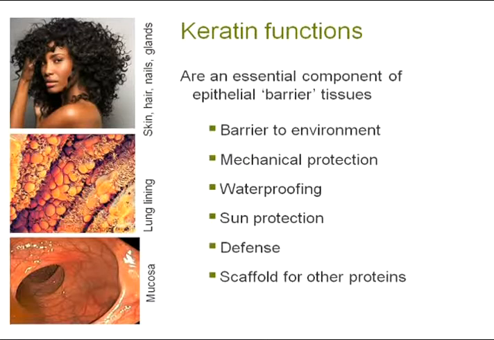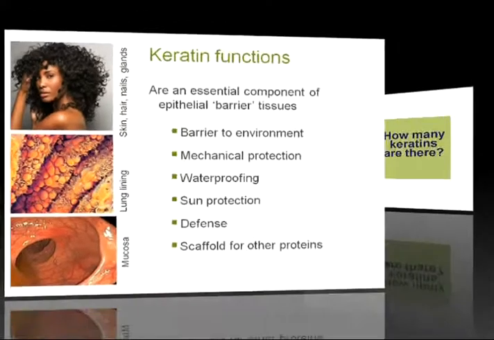They help to protect us from loss of water and other nutrients from our body into the environment and vice versa. They protect us from sun damage, for example, the hair. They might be used as a defense mechanism if you think about your nails. And inside the cells, there is a very important scaffold for other proteins along which they can travel or assemble.